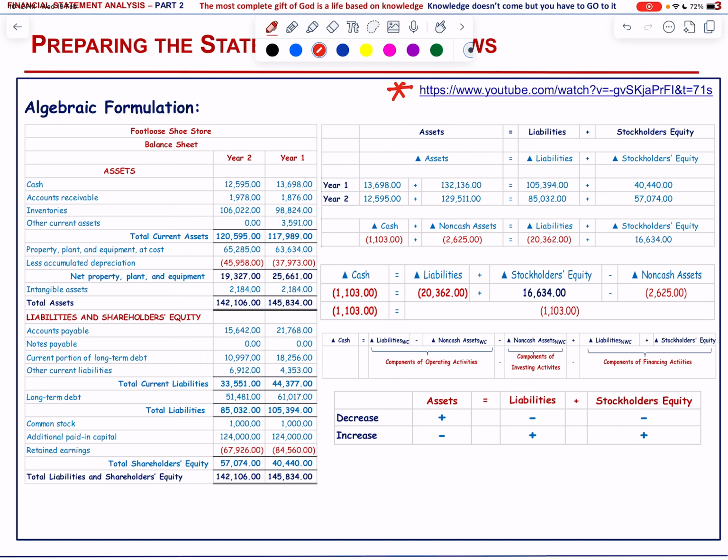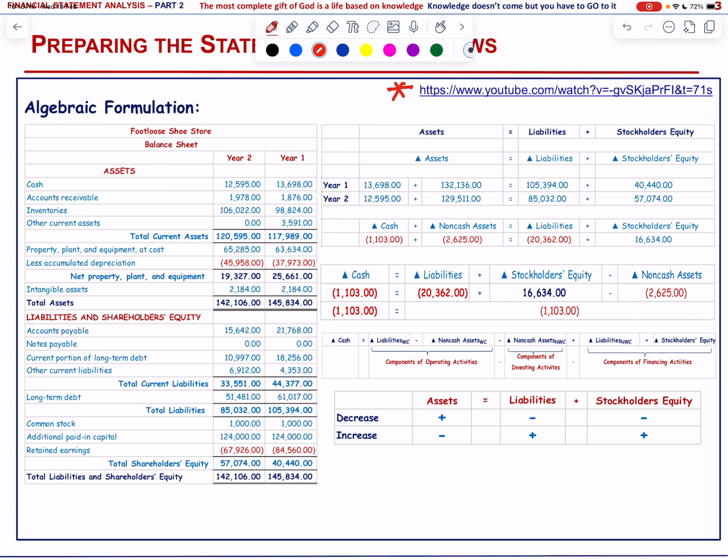The statement of cash flows shows why cash has changed during a period. It reflects how changes in non-cash balance sheet items affect cash. Increase in non-cash assets like acquiring assets reduce cash, while decrease in non-cash assets like selling assets increase cash.